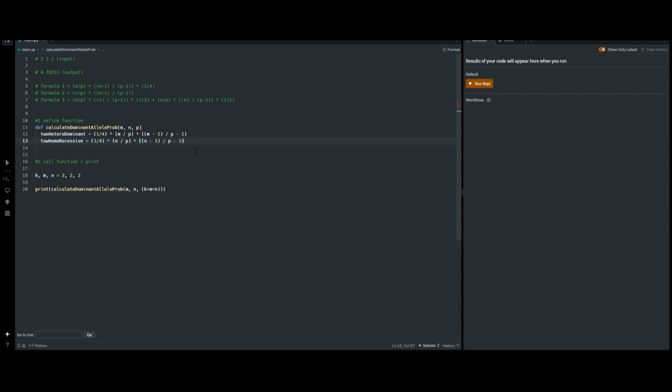I believe that's correct. And then formula 3, for our sake, let's store it in 2 independent variables and add them together so that it's clearer.